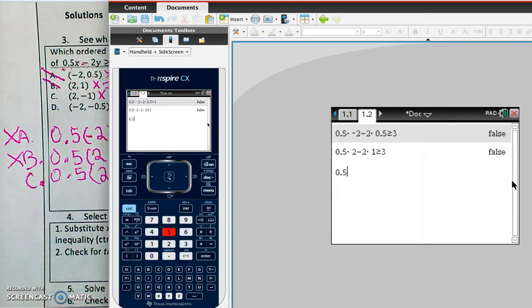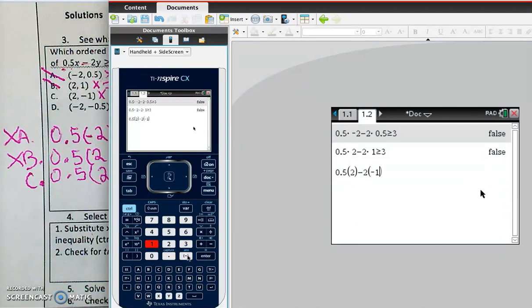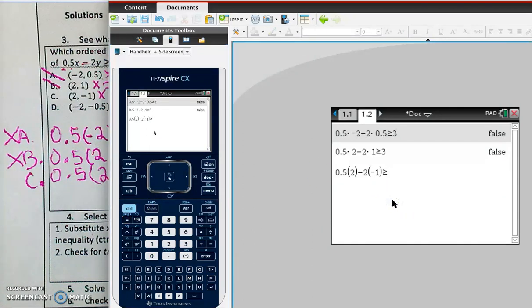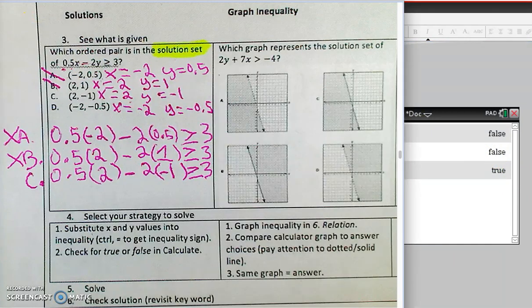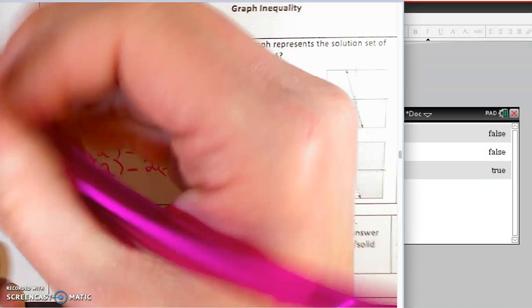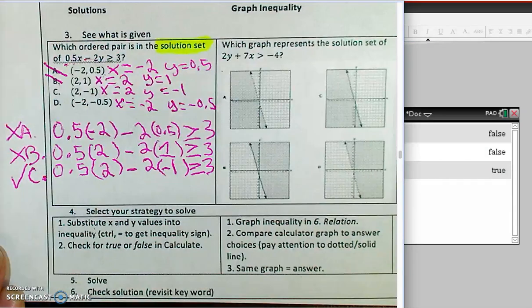So it's 0.5 times 2 minus 2 parentheses -1. Remember that Control equals gives greater than or equal to 3. Now for this answer choice, we got true, and that means that that ordered pair is a solution. And so, since C was true, that tells us that that was the answer.